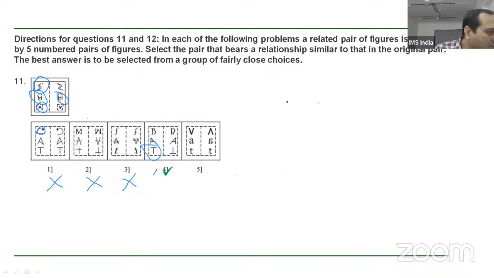Okay, guys. Correct, correct, Gautam, correct. Come on, let's move on to the next question.